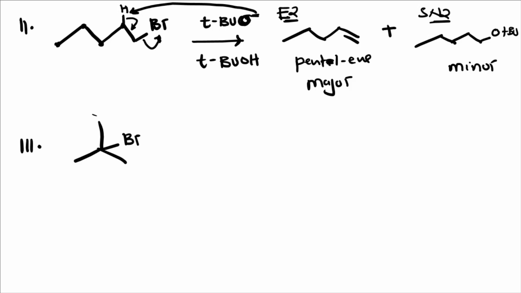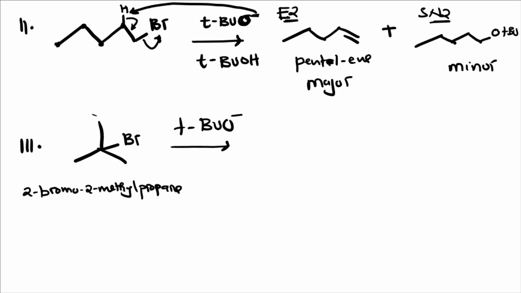If we were to name this, this is simply 2-bromo-2-methylpropane. 2-bromo-2-methylpropane is reacting with tert-butoxide. Okay, so now this is a tertiary alkyl halide.